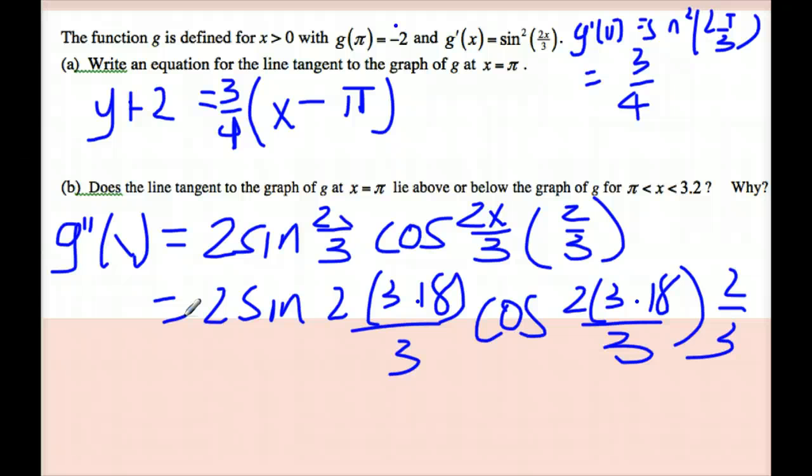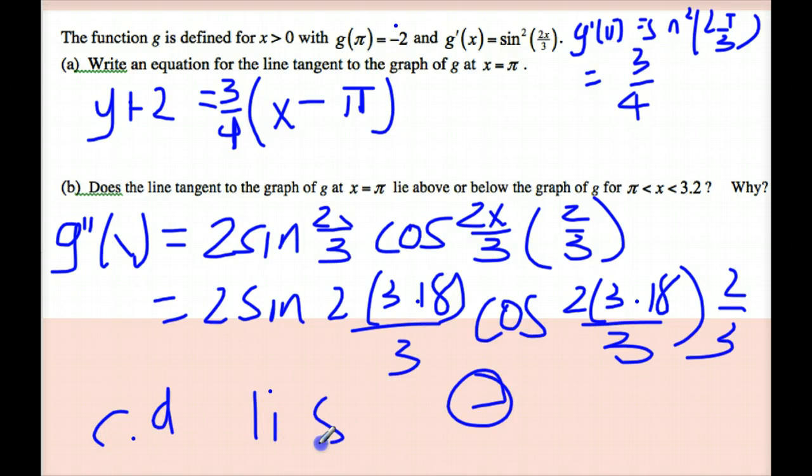For this problem, I'm going to use my calculator. We get a negative answer, which means I'm concave down. So this lies below. I'm sorry, lies above.